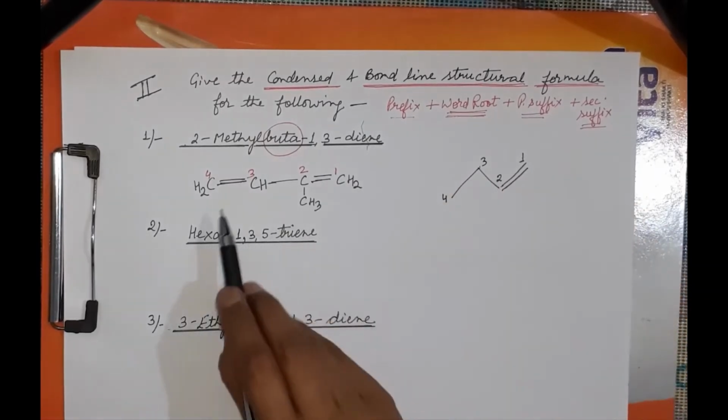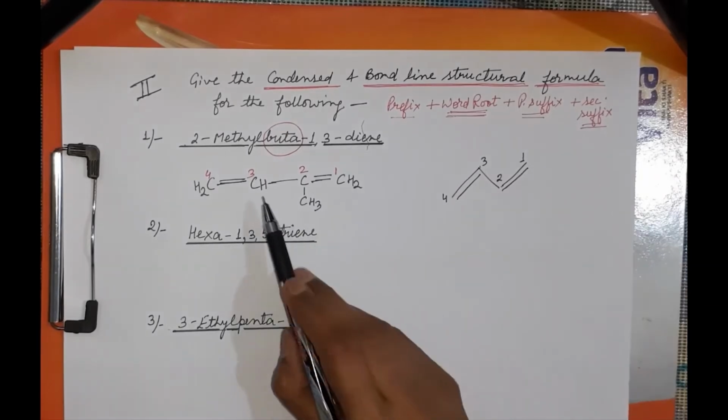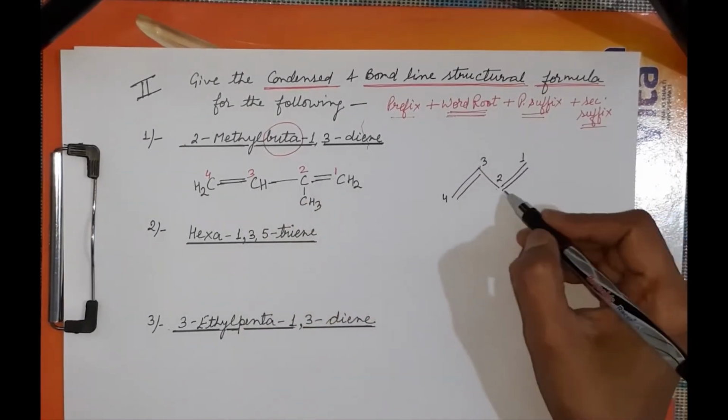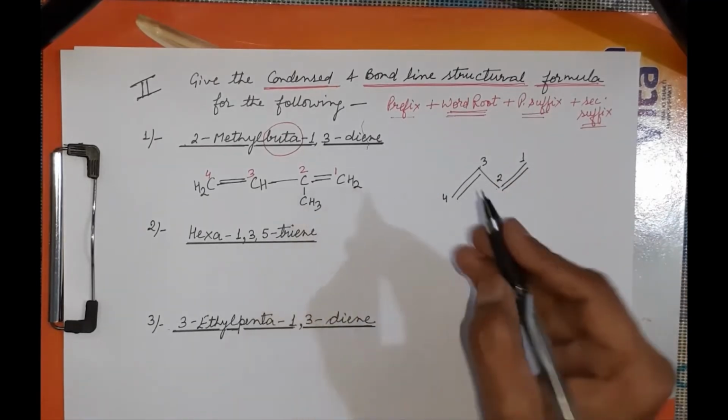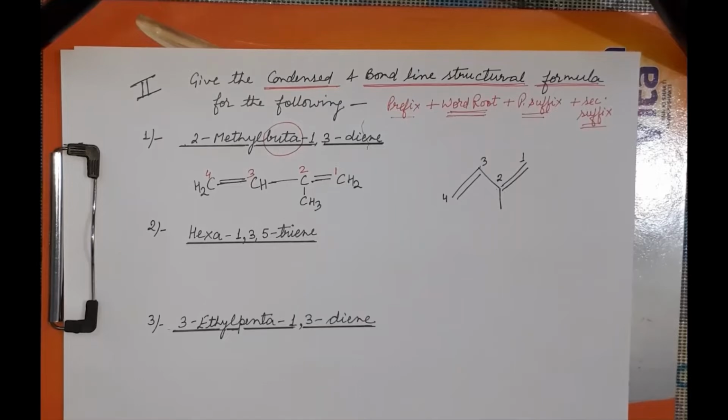So there is a double bond between C3 and C4. This is the double bond. C3 and C2 single bond, C2 and C1 double bond. And at C2, 1 methyl group is there which can be written like this. So this will be the bond line structural formula in this case. So now moving on to the next example.